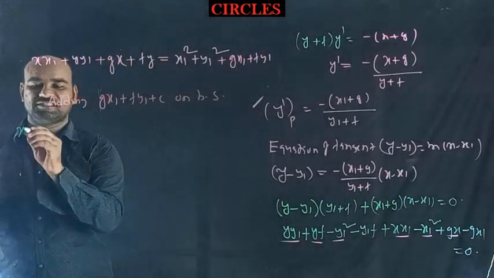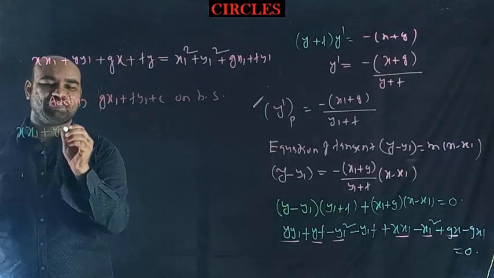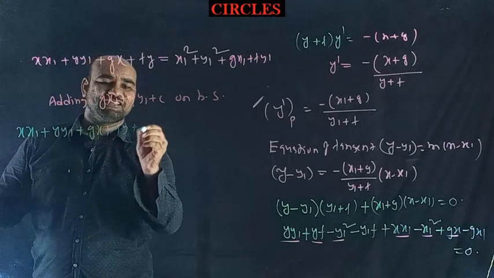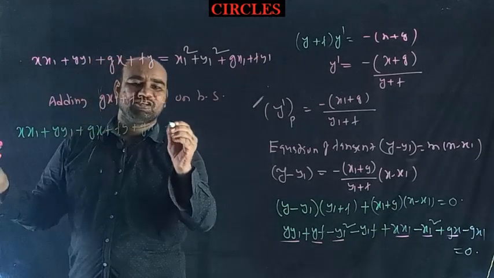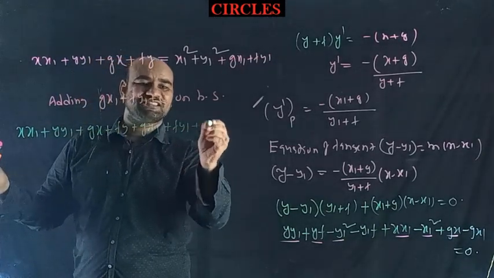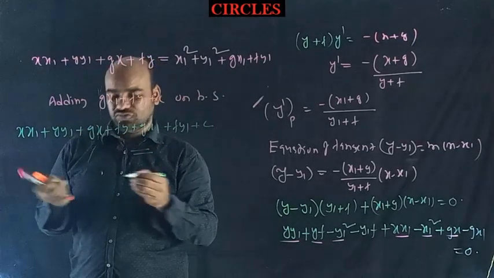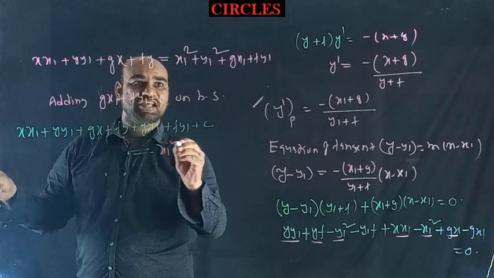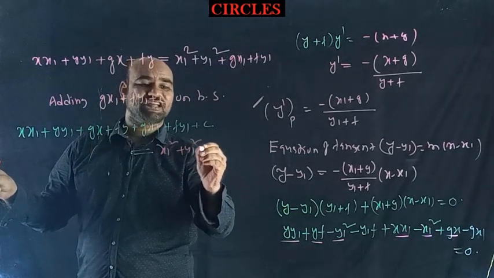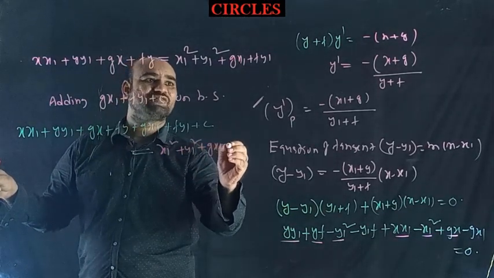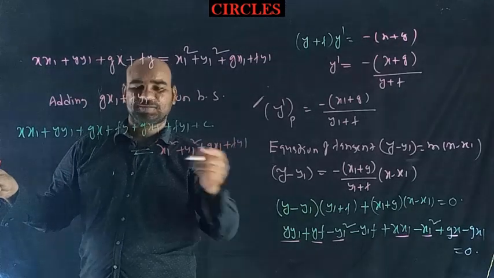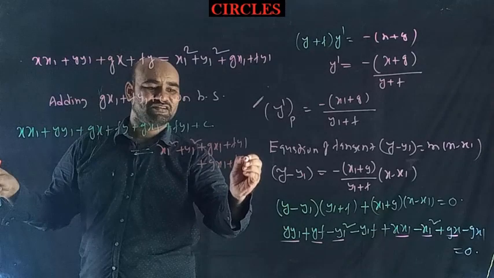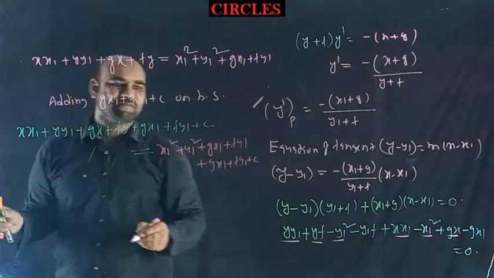Okay, xx1 plus yy1 plus gx plus fy plus gx1 plus fy1 plus c is equal to x1 square plus y1 square plus gx1 plus fy1 plus another gx1 plus another fy1 plus c.